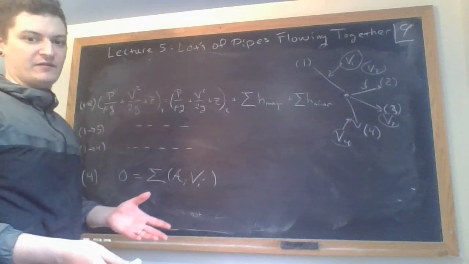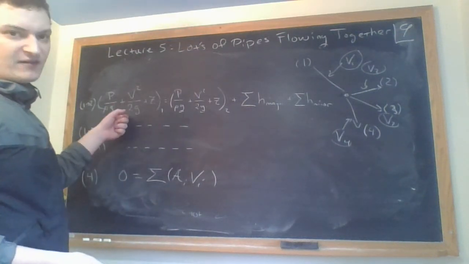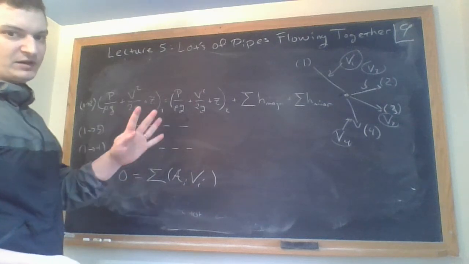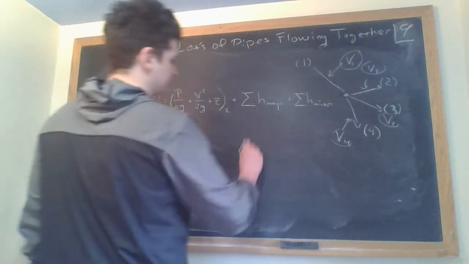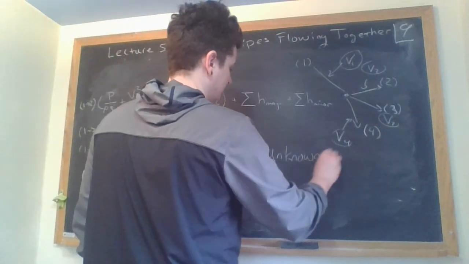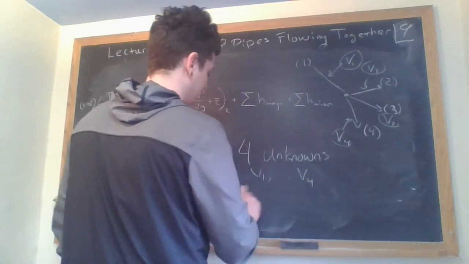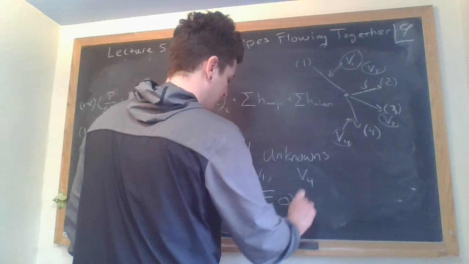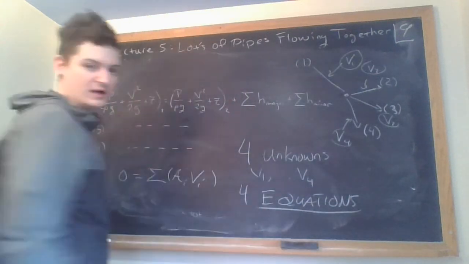What ones do I have that are available to write down? I have this fancy junction equation, and then I still have my head loss equation I can write down 3 different times. 3 plus 1 is 4. So this is 4 unknowns with 4 equations.